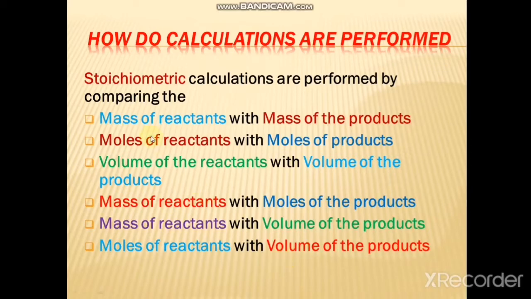We can compare moles of the reactants with the moles of the products, and volume of the reactants with volume of the products, or these may be mass of the reactants with moles of the products, mass of the reactant with volume of the products, and moles of the reactant with volume of the products. Similarly, all these parameters can be given for reactants and can be found for products. Similarly, they can be provided for products and can be found for reactants.